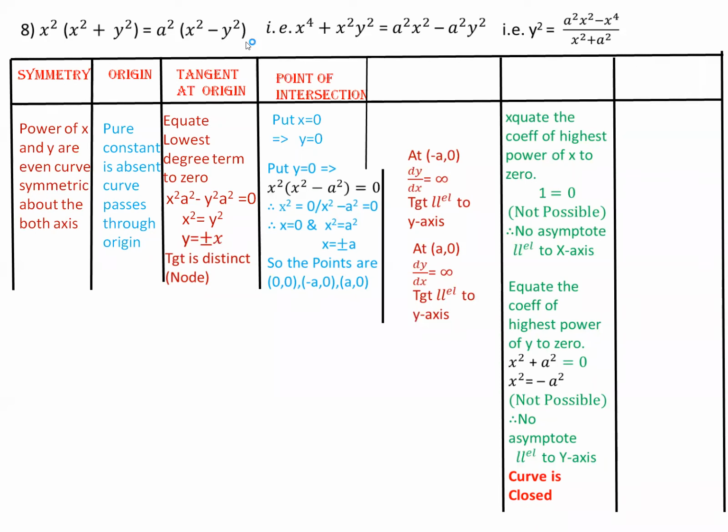Complete equation rewritten once again, and from this equation we get x square in bracket x square minus a square equal to 0. So here we are getting x is equal to 0 as well as x is equal to plus minus a, meaning the curve passes through origin as well as minus a, 0 and a, 0.